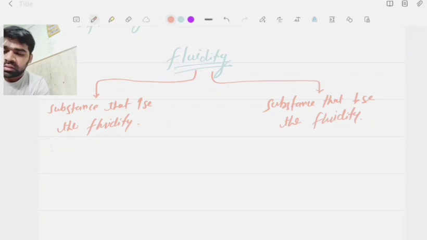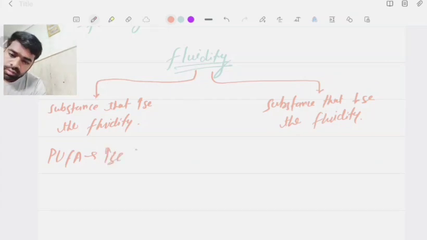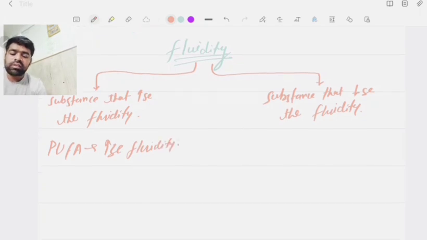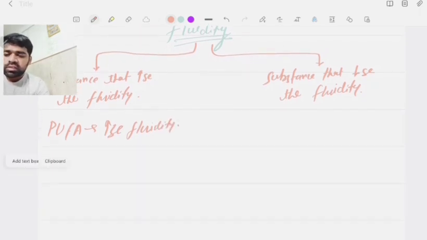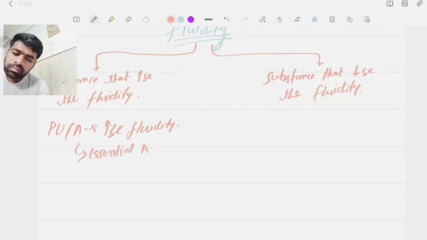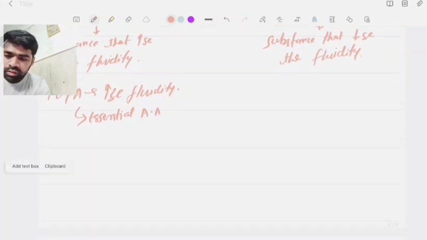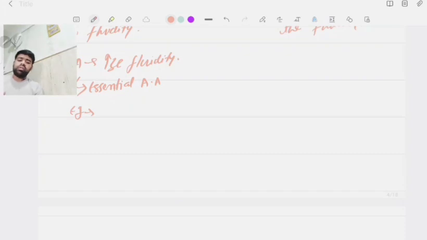The substance that increases fluidity is PUFA, polyunsaturated fatty acids. It increases fluidity. It is an essential fatty acid. Examples: linoleic acid, linolenic acid, and arachidonic acid.